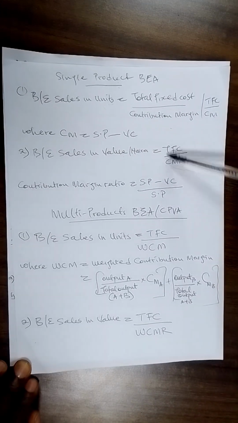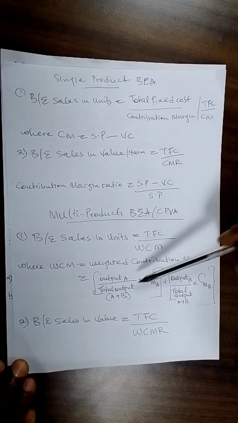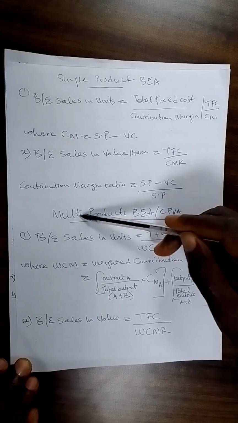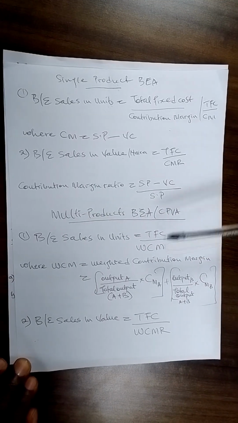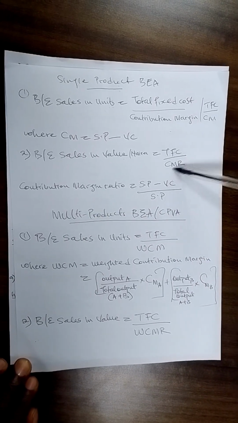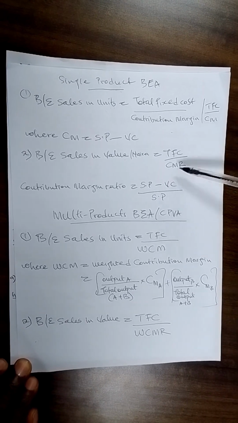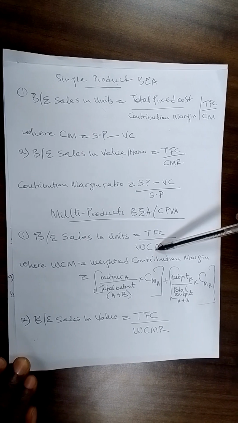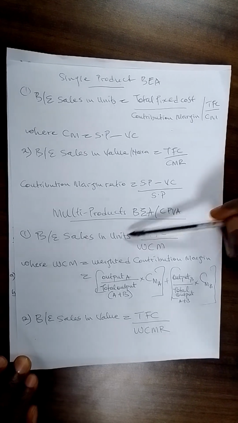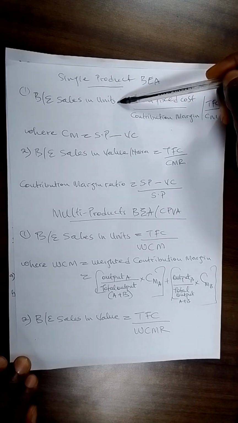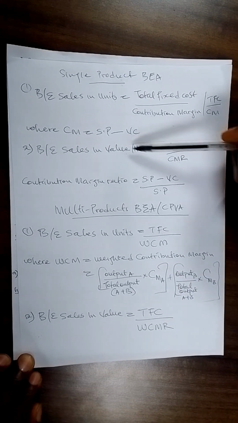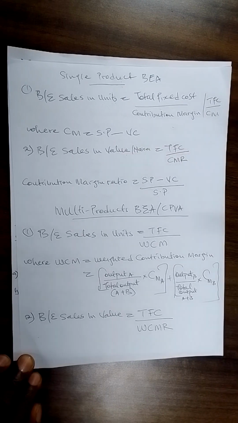What makes it different is the W, which is the weighted. We use weighted for multi-products, while for a single product we use only a single CM and a single CMR.